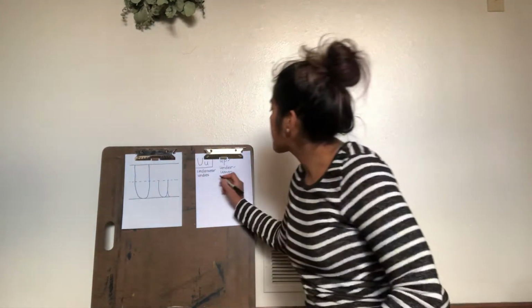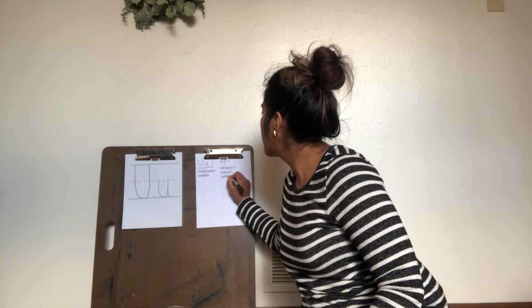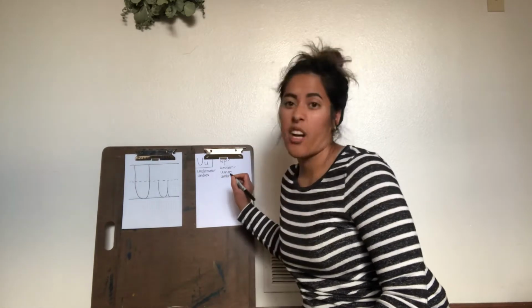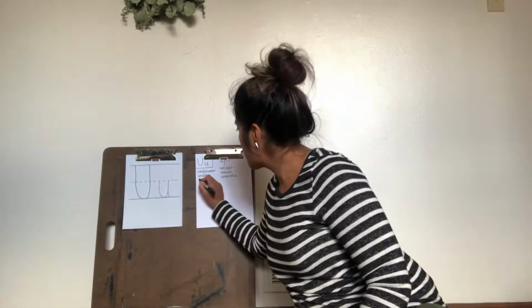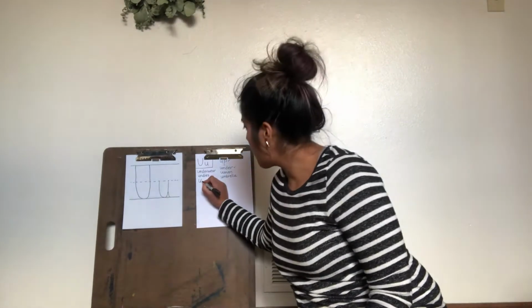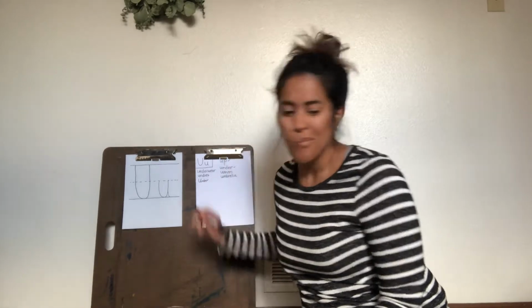Umbrella, just like Umber, umbrella bird. I'm going to add Umber too, since that's our animal's name. Remember, for names, we always do a capital letter at the beginning. So capital U. Umber.